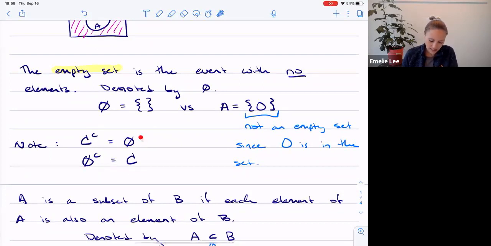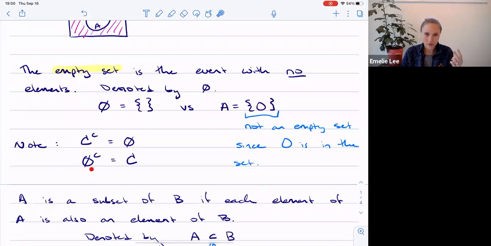Some things that we tend to rely on in terms of proofs: if we're trying to prove something, then sometimes it's useful to remember that the complement of the sample space is the empty set. So the sample space is all possible outcomes, and then the opposite of that is no outcomes, so the empty set.